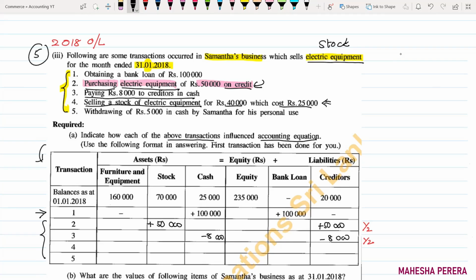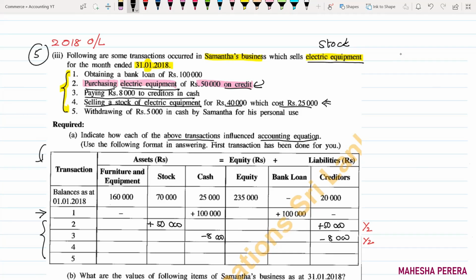So how do you record this transaction? You need to decrease the value of stock by 25,000 and increase. Now, what type of sale is this? Is it a cash sale or a credit sale? They haven't mentioned the word credit.